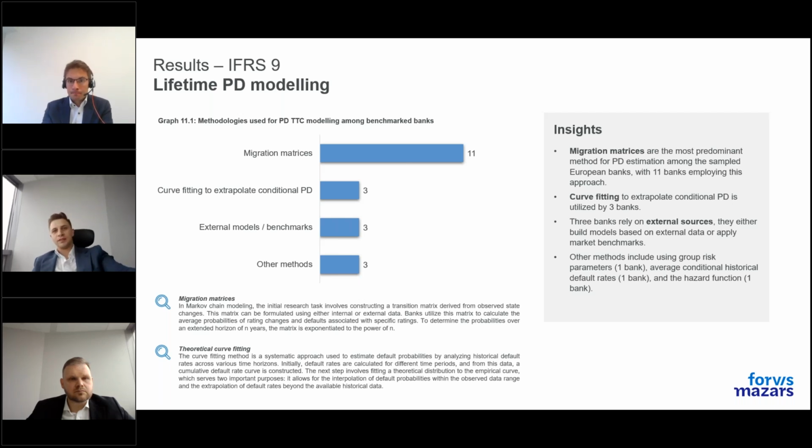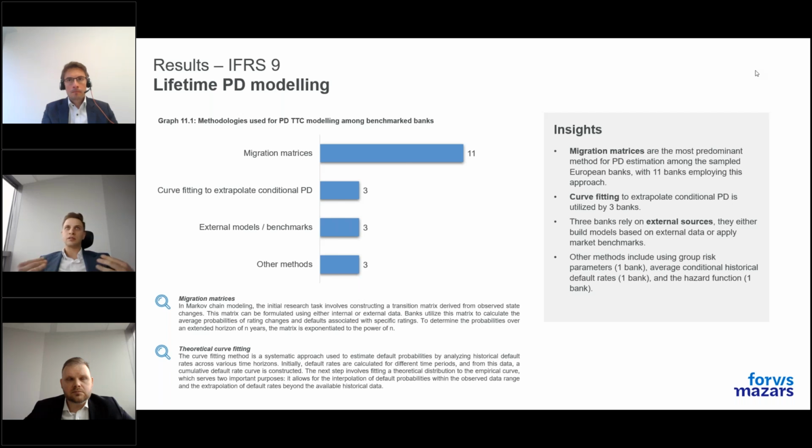Thank you, Michal. So let me talk a bit about how benchmarked banks dealt with the challenge of lifetime model development. This first slide presents how banks approach lifetime PD modelling, but to give you some context, one of the main challenges introduced by IFRS 9 is that banks were obliged to calculate parameters over their lifetime horizon.